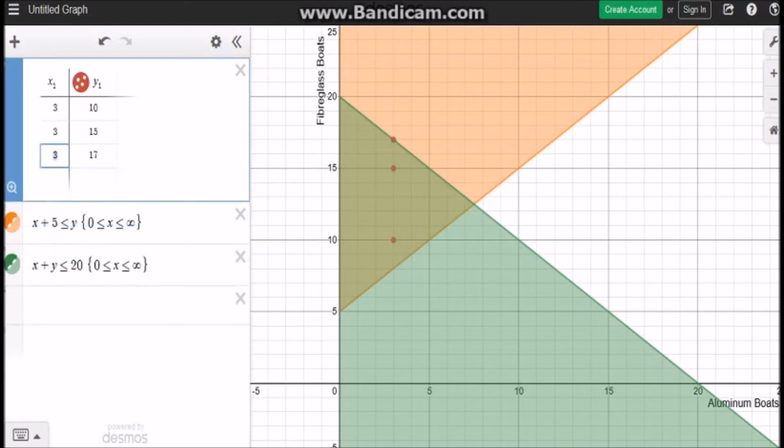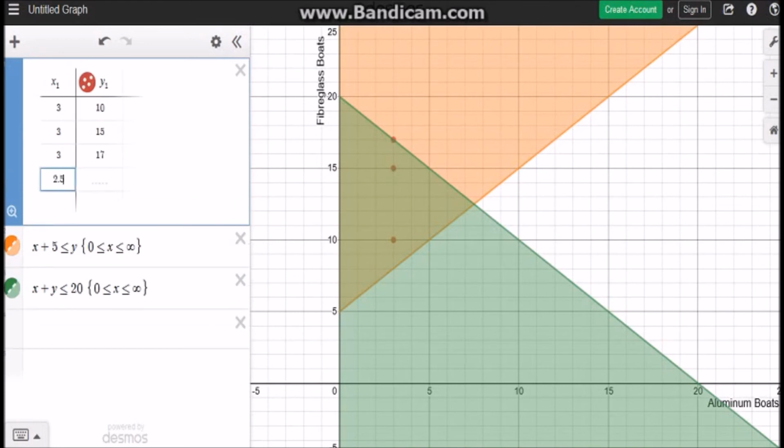Now, one more thing to watch out for. This is an example of a discrete solution set. Not all real numbers are valid. For example, I could, based on what I've shown you on the graph so far, choose 2.5 for my x value, and choose 17.5 for my y value, and it still fits within our shaded region. But here's a problem.